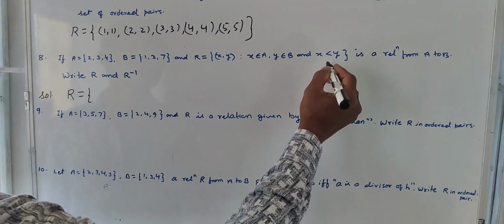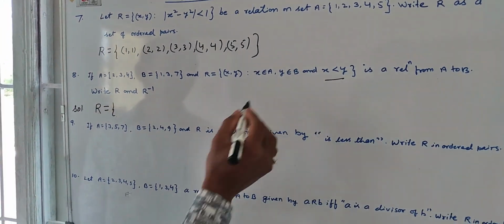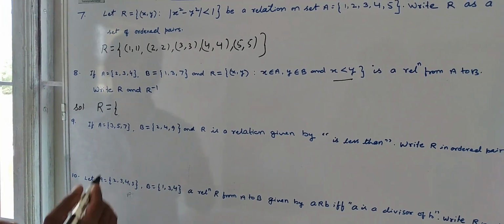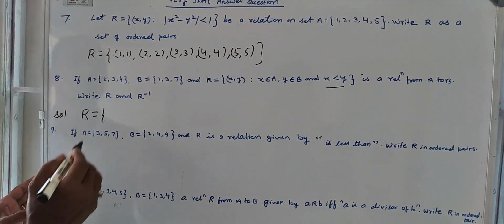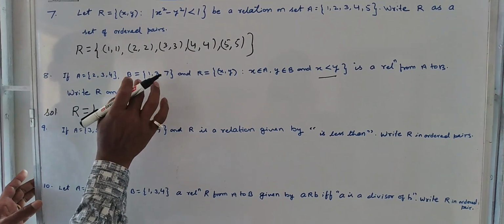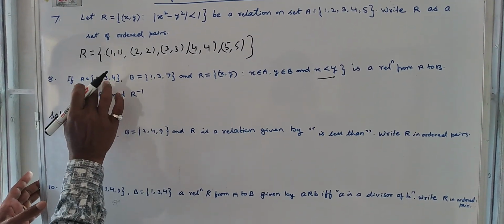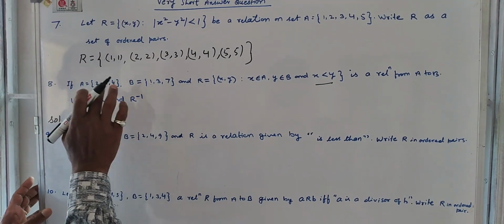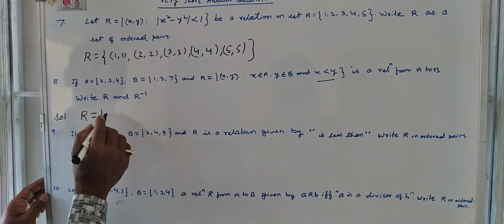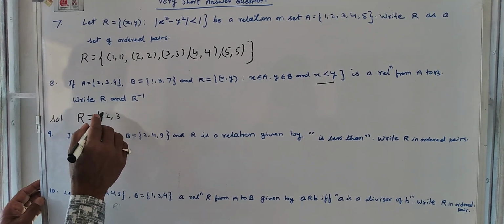Since y is greater than x, the second component should be greater than the first component. 1 is not the image of any of these three elements, but 3 is the image of 2. So you can write (2, 3).